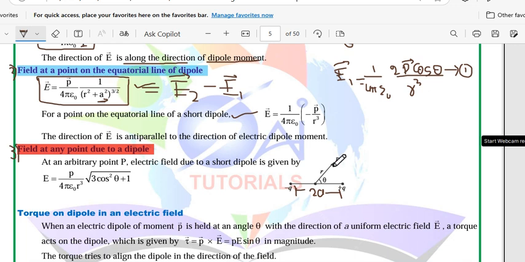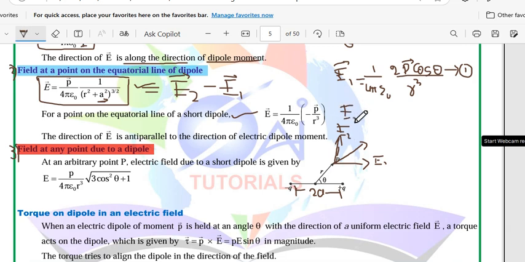If you consider a point P here, E1 is at a horizontal surface and E2 is perpendicular to that, so horizontal and vertical to that point. This is E1 and this is E2.